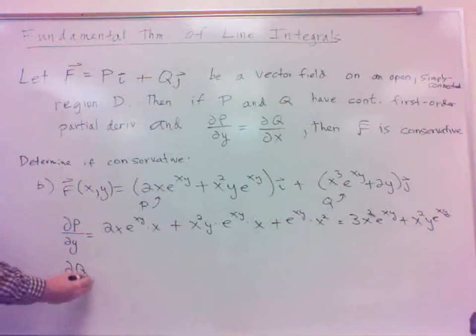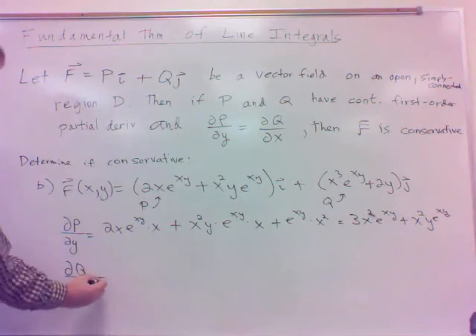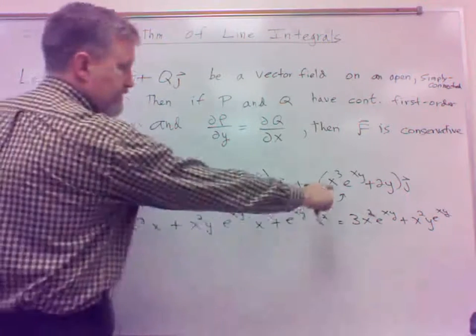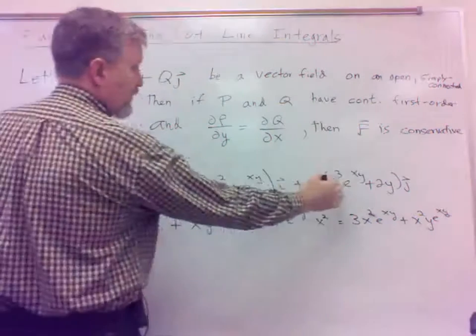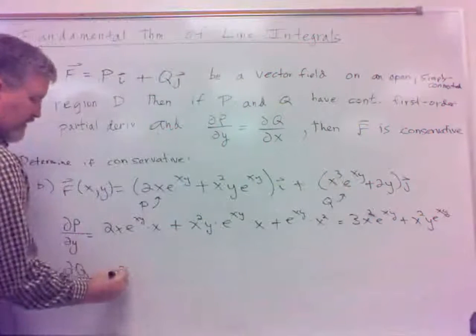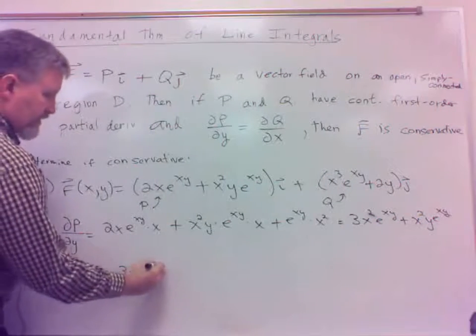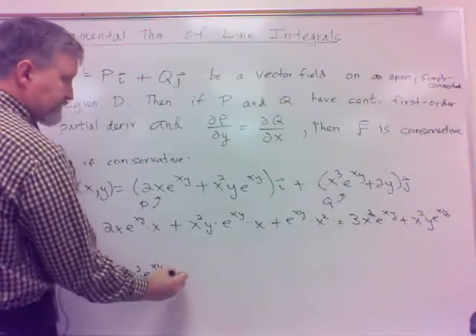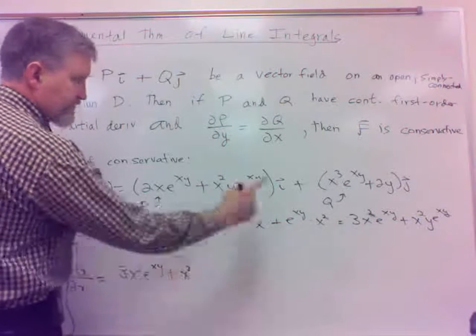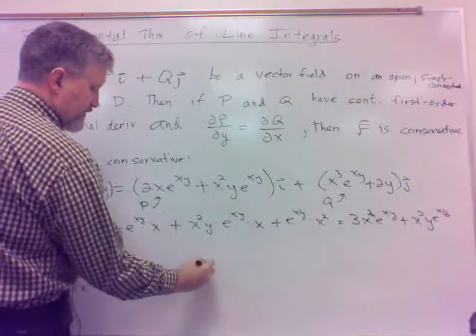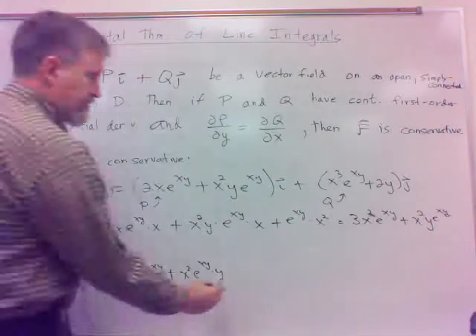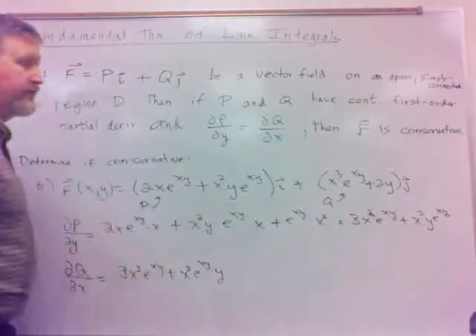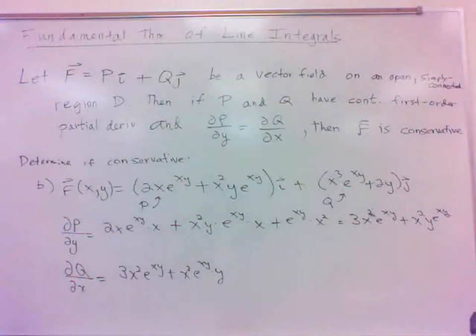So look at the partial of Q with respect to x. We've got a product rule, so that would be 3x squared e to the xy, plus then reverse it, x cubed times the derivative of e to the xy, which would be e to the xy times y, with respect to x, plus then 2y with respect to x, that's derivative 0.